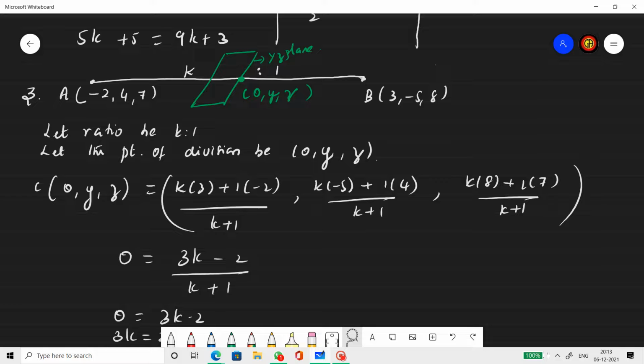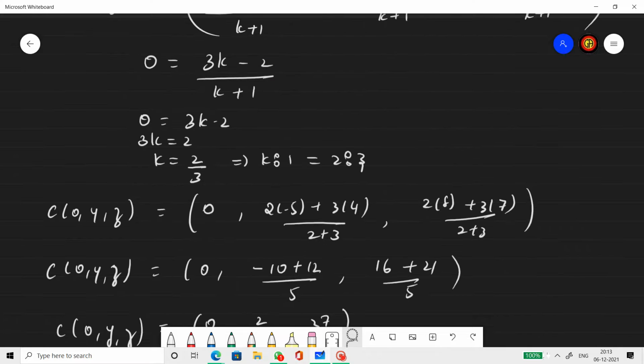Now, as usual, the point is considered as C and C's coordinate is k times 3 plus 1 times minus 2 by k plus 1, k times minus 5 plus 1 times minus 2 by k plus 1, k times minus 1 plus 1 times 4 by k plus 1. Like that, you get this.